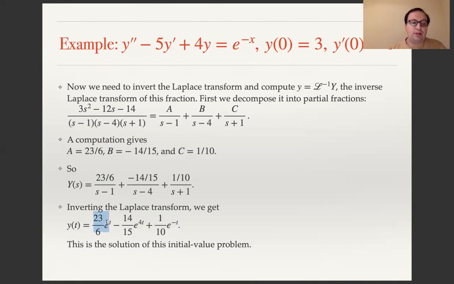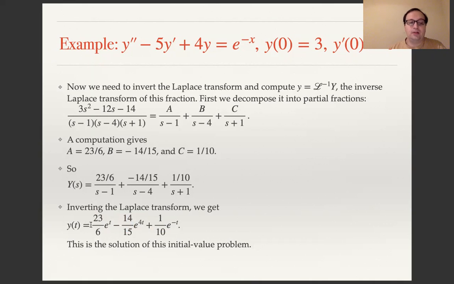And 23 over 6 e to the t minus 14 over 15 e to the 4t is the complementary term, which is a solution of the associated homogeneous equation.